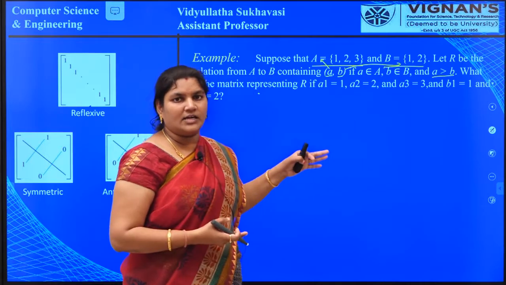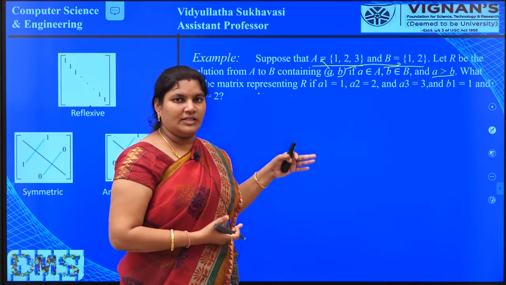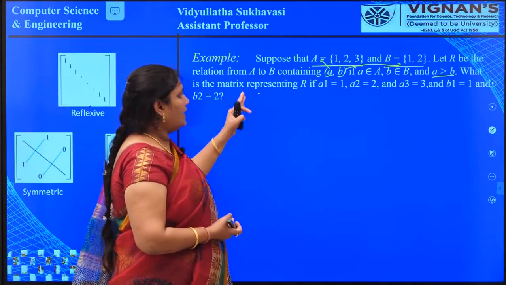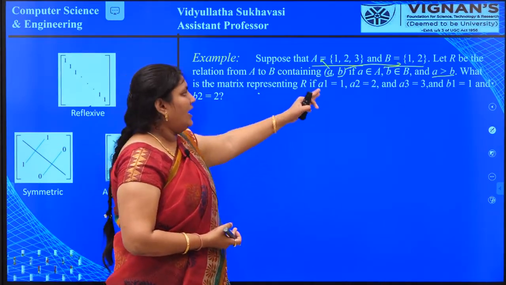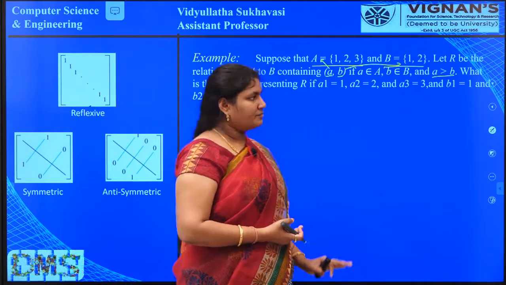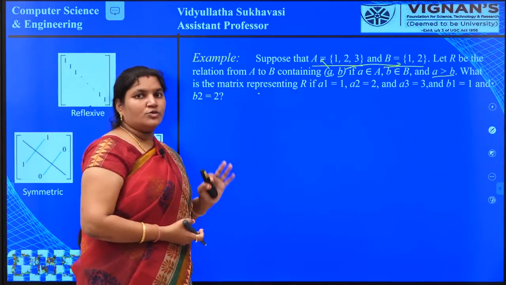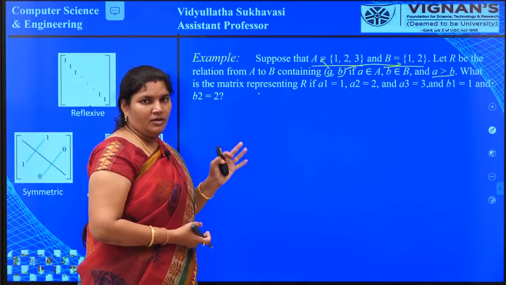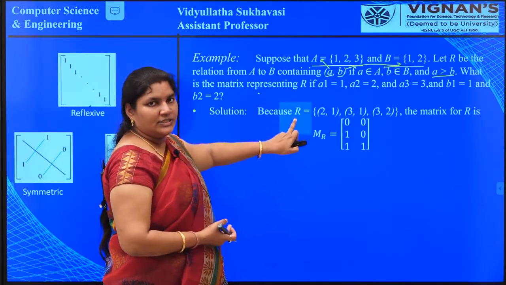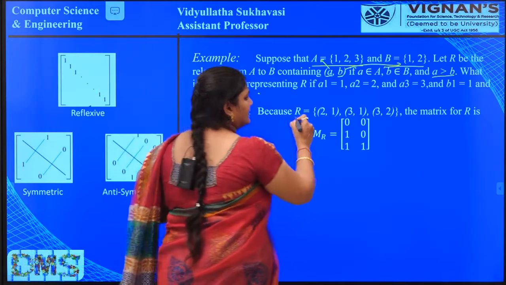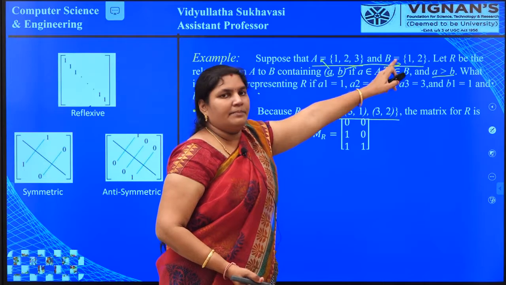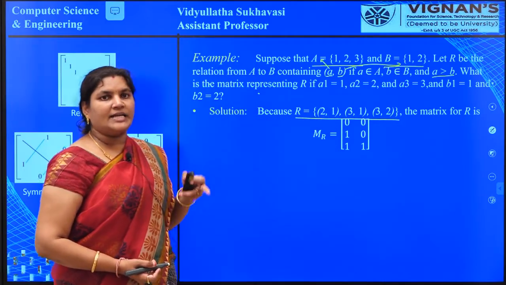Otherwise, if they have given the relation directly, you can directly specify the matrix. So what is the matrix representing R, if A1 equal to 1, A2 equal to 2 and A3 equal to 3, and B1 equal to 1 and B2 equal to 2? For this problem, first we need to find the relation R. How will we get this relation? For the two sets A and B, first we need to find the Cartesian product.